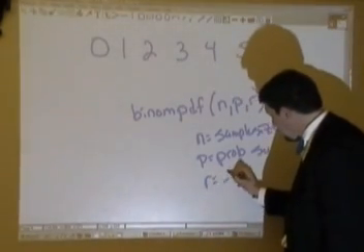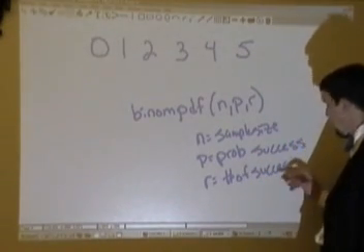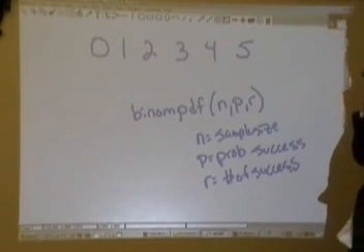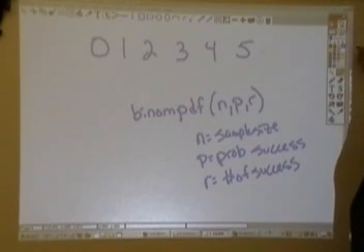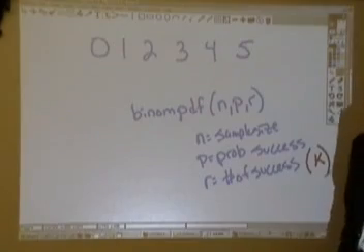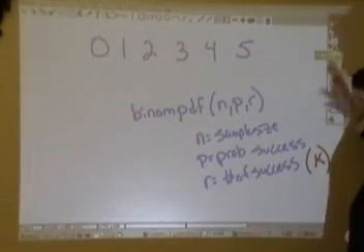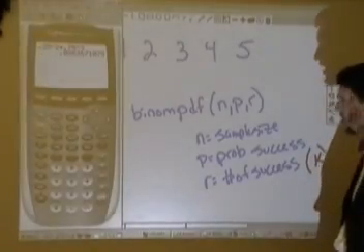And R is the number of successes we're going to have. Now, here's the problem: the calculator says R, but the rest of the world says no, that's K. Fine, we can adapt.